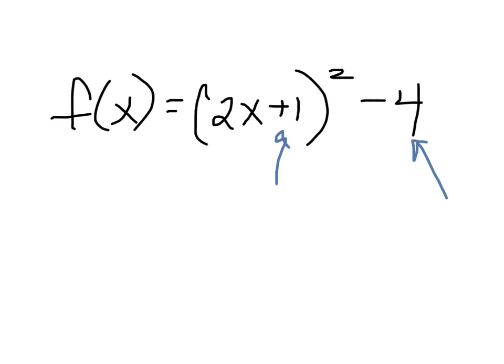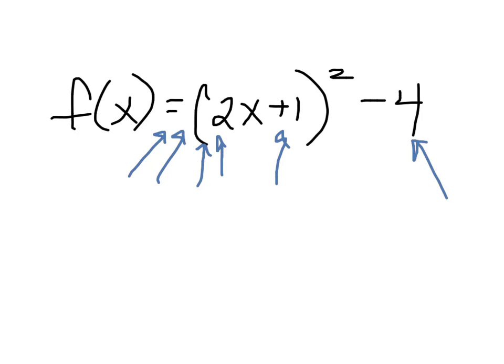If it's adding or subtracting on the inside, that shifts it right or left. If it's multiplying on the inside, that does a horizontal stretch or shrink. If it's multiplying on the outside, that does a vertical stretch or shrink. If you have a negative on the inside, that reflects it over the y-axis, and a negative on the outside reflects it over the x-axis.